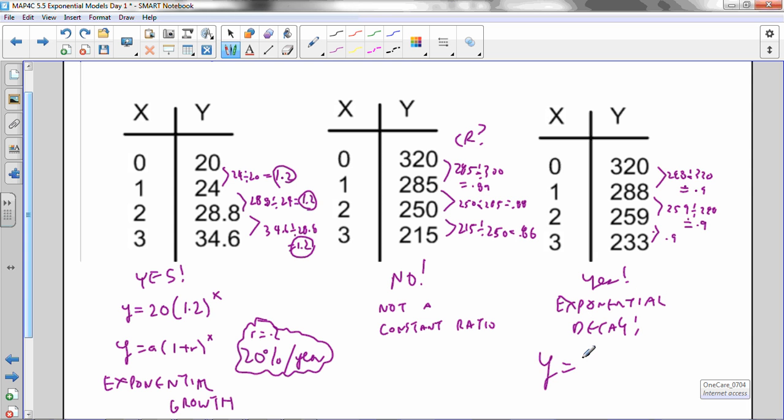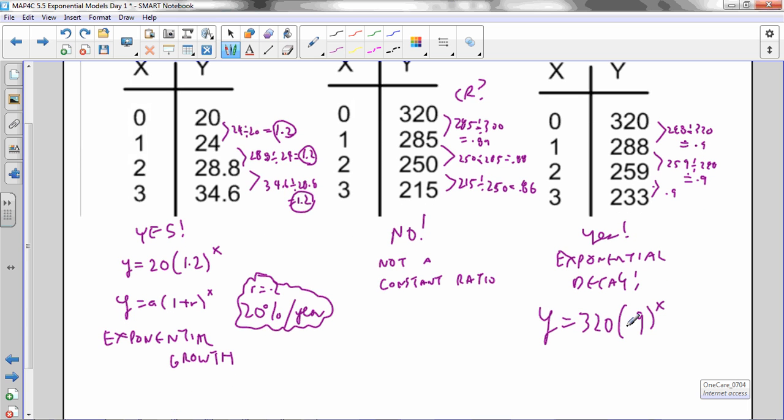I can write the initial amount, and then the base is 0.9. And if I think about what the decay rate is, remember, if this was 1, if I think of it as this value, whoops, not my plus, it's a minus, isn't it? Minus, well, it's going down by 10% each year.